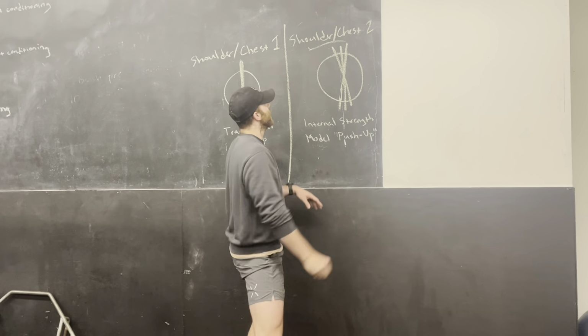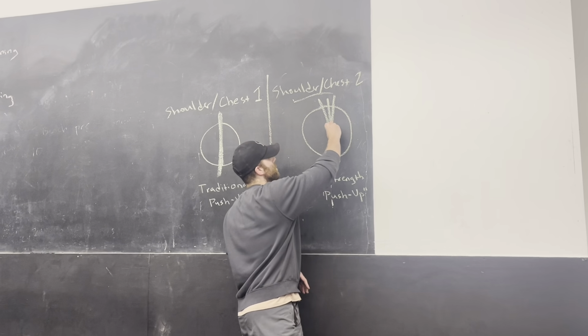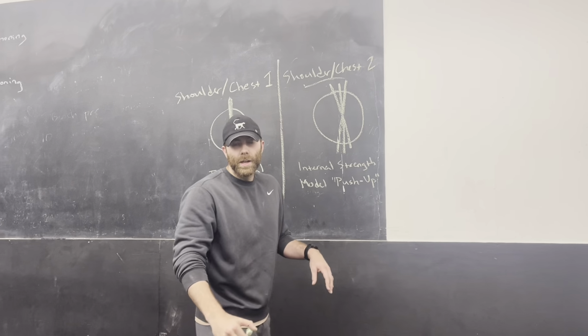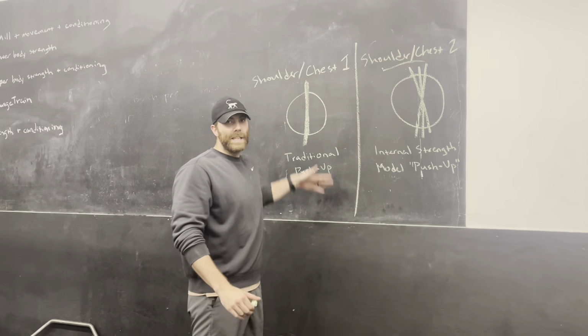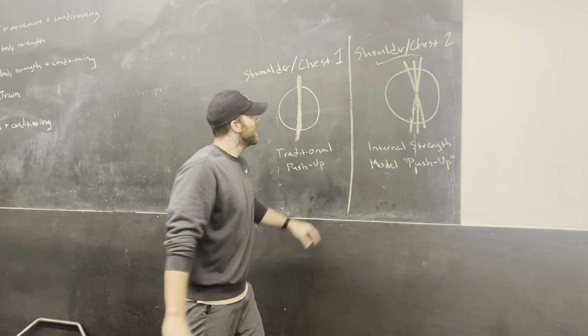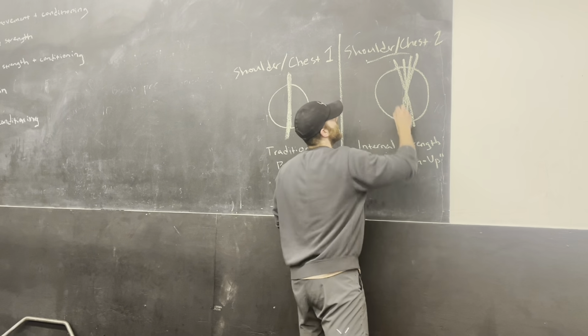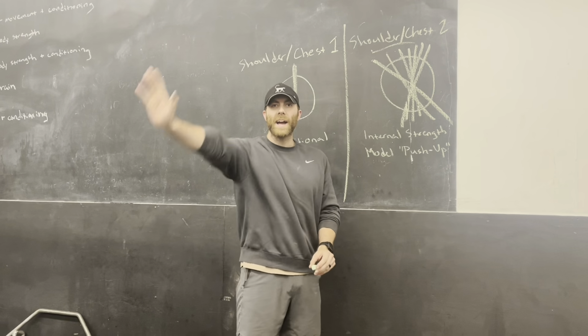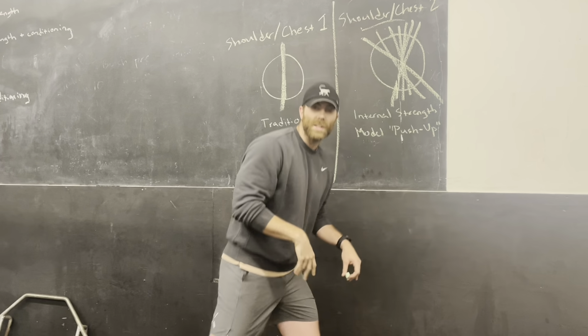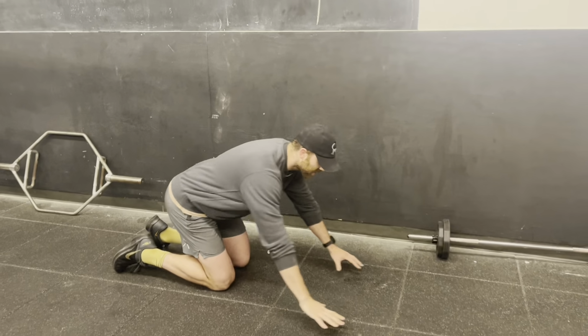So now I should have an axis here moving out of the board. So I have now turned a purely linear movement into a movement that is able to load maximum zones of tissue available in my shoulder and chest.